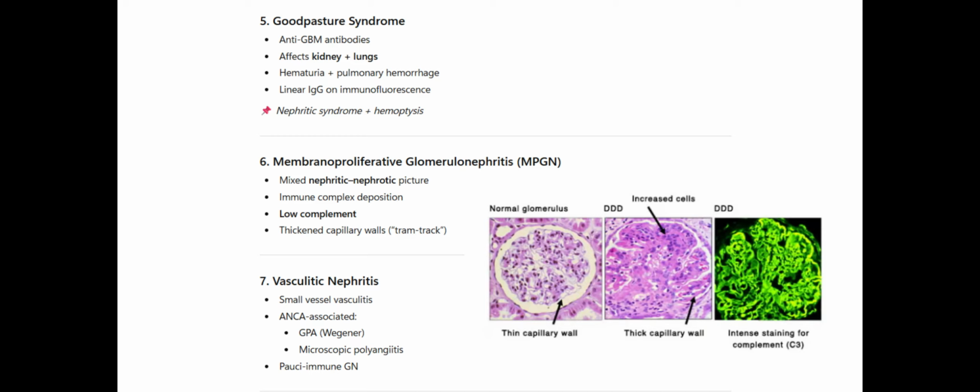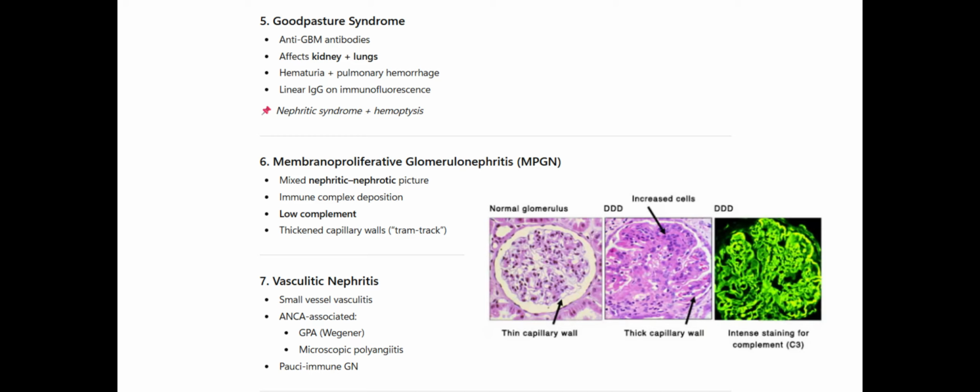In some patients, similar antibodies also attack the alveolar basement membrane in the lungs, resulting in pulmonary hemorrhage. When renal involvement is associated with lung hemorrhage, the condition is referred to as Goodpasture syndrome. Complement levels are typically normal in this subtype.